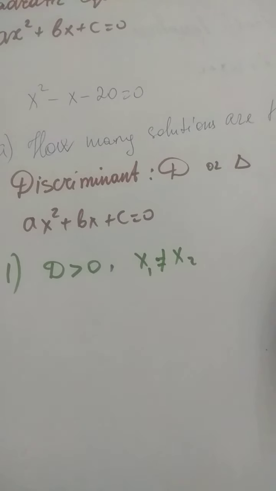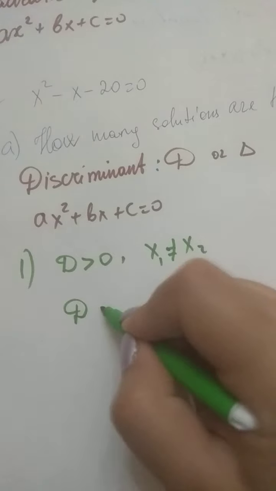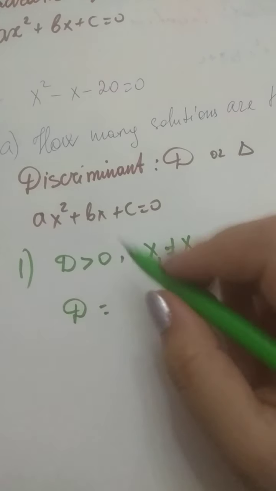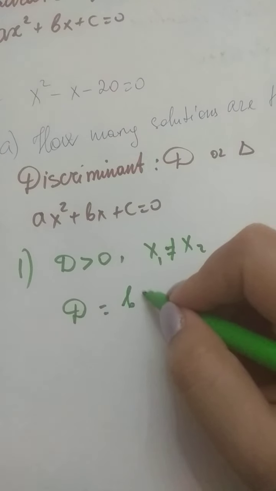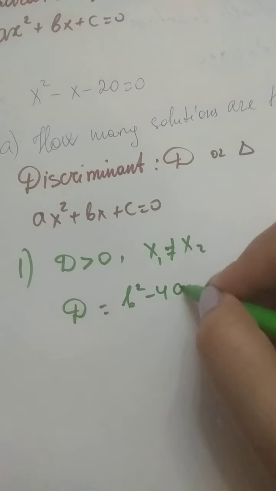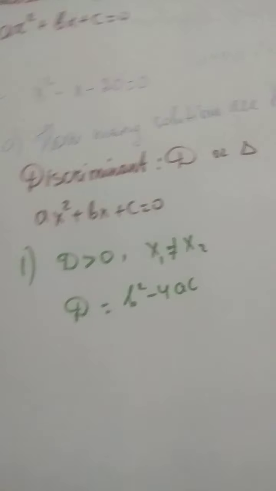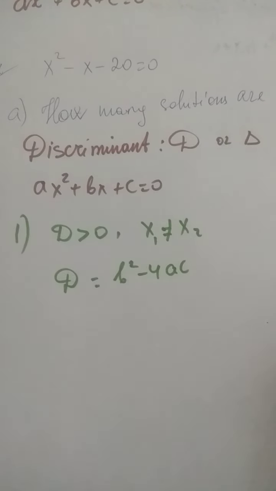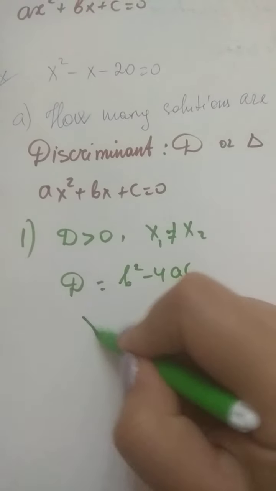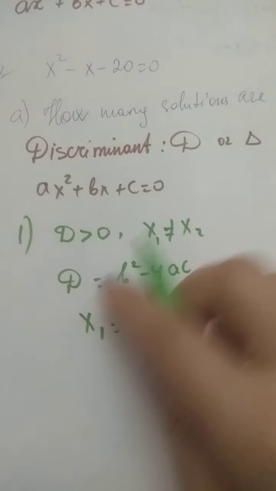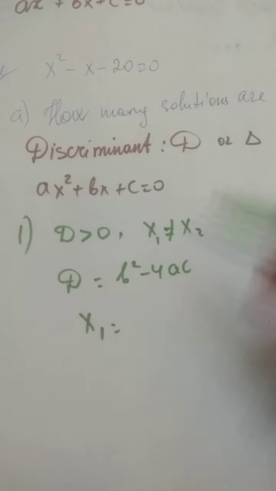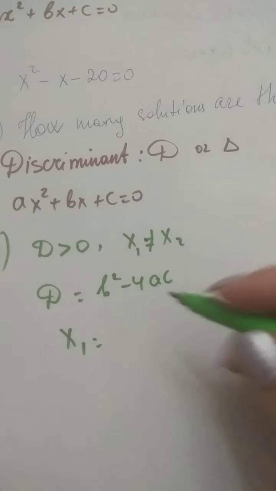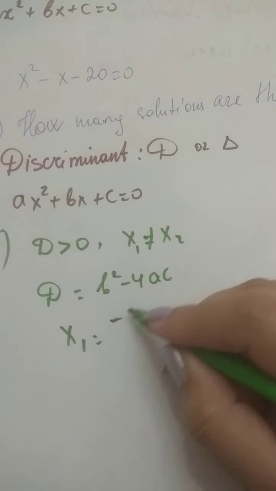But how can I calculate the discriminant? Guys, the standard formula is equal to b squared minus 4ac. Okay, b squared minus 4ac. Then x1 uses the discriminant for finding the roots. x1 is going to be negative b, always negative.